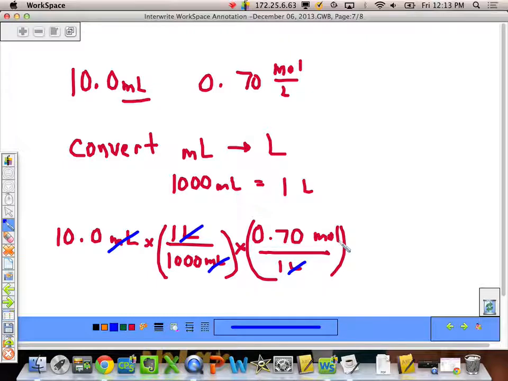Now I can do the rest of the stoichiometry I would normally do. Again, this is fake data for us because this isn't necessarily what you're going to be starting with. But what do we get as our value of moles of sodium carbonate?